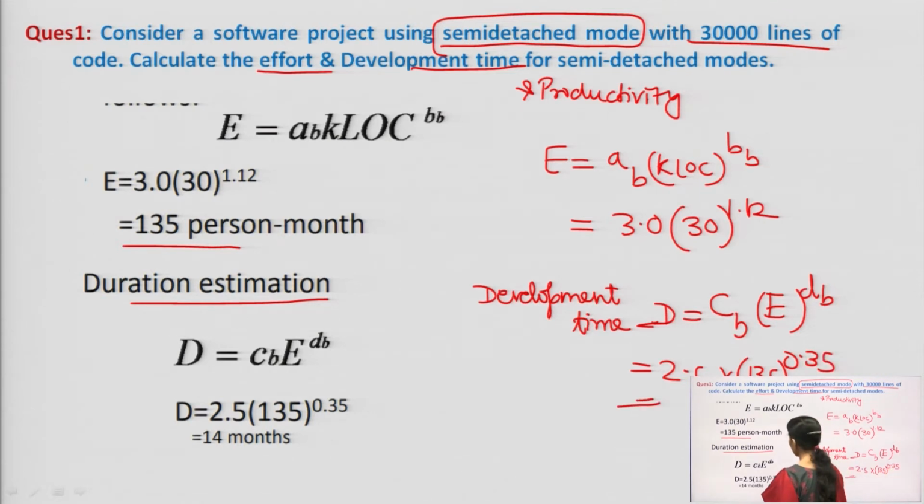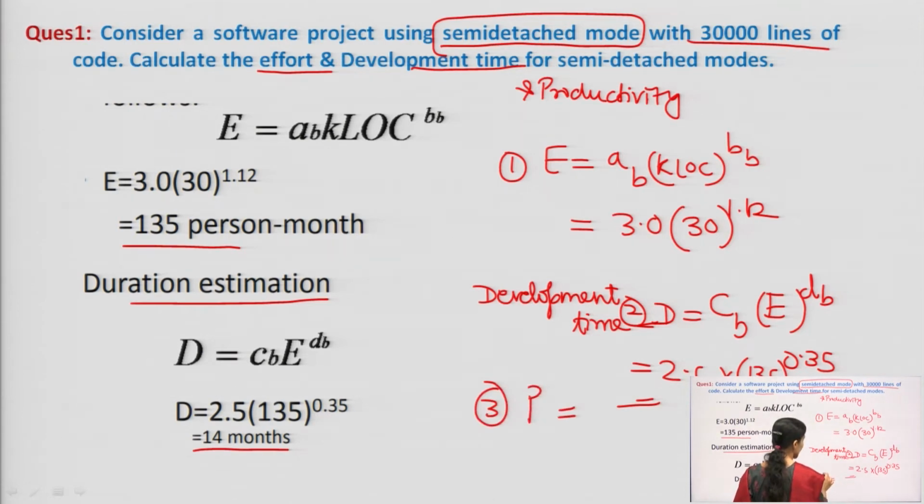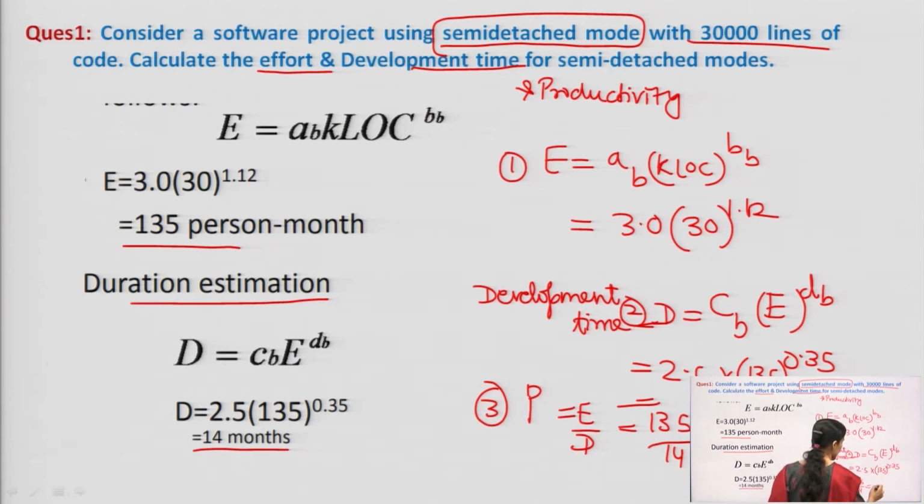It comes out to be nearly 14 months. Then the third parameter, productivity, is E upon D, that is 135 upon 14, nearly 9 point something. So here I am writing it as 10.